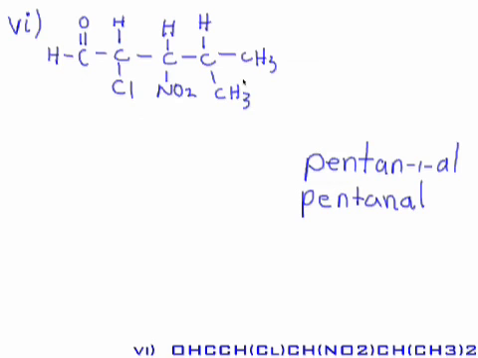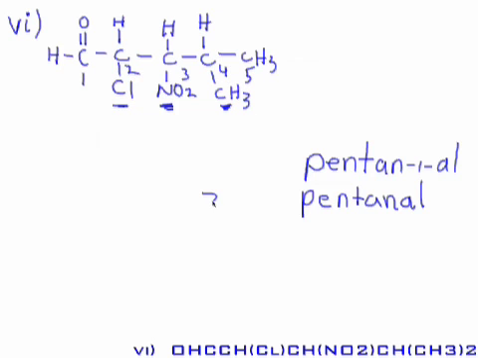Now we have this methyl as a substituent, a nitro, an NO2, and a chloro. Well, the C is certainly alphabetically first. M is next for methyl, and nitro will be last. We can number 1, 2, 3, 4, 5.